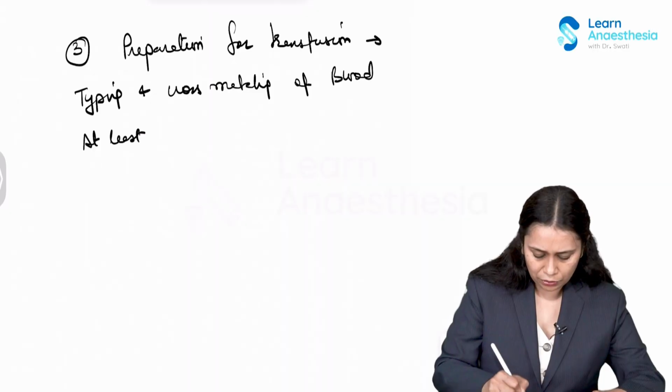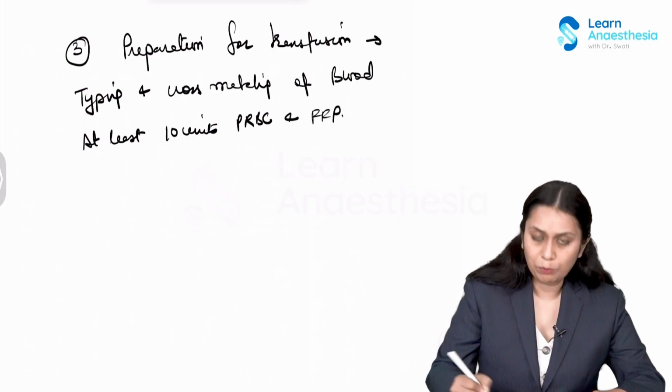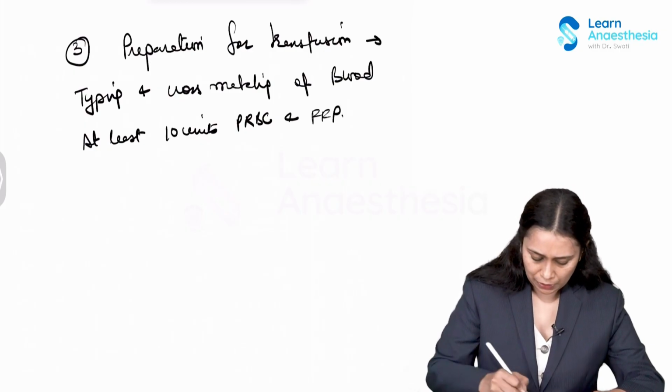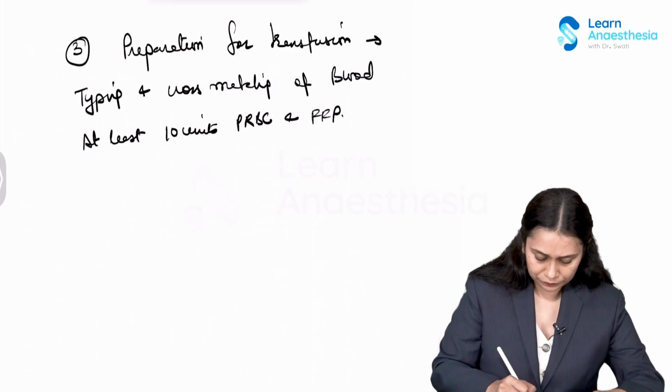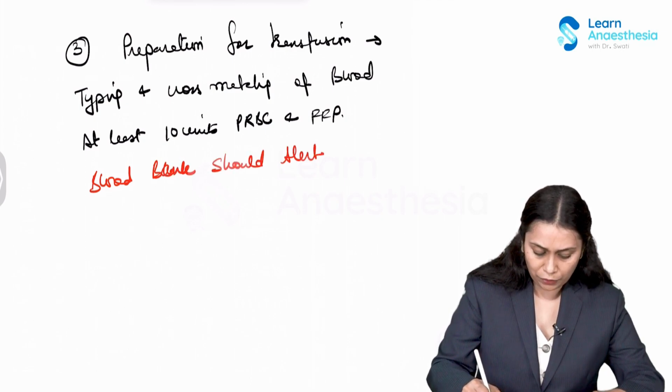At least 10 units of PRBC and FFP should be prepared, or the similar product should be prepared. Blood bank should be alerted for the massive transfusion and the requirement for it.